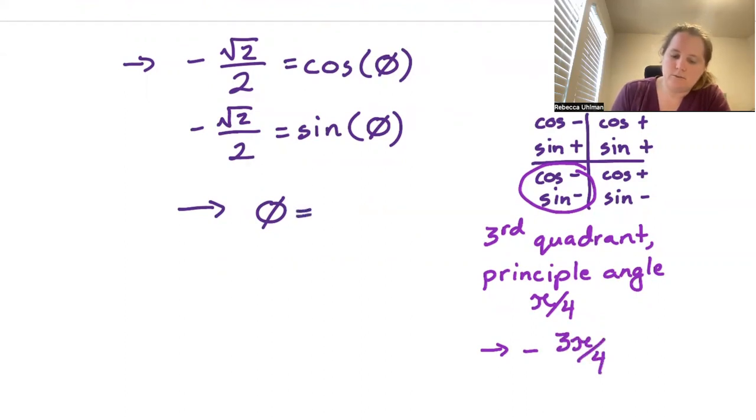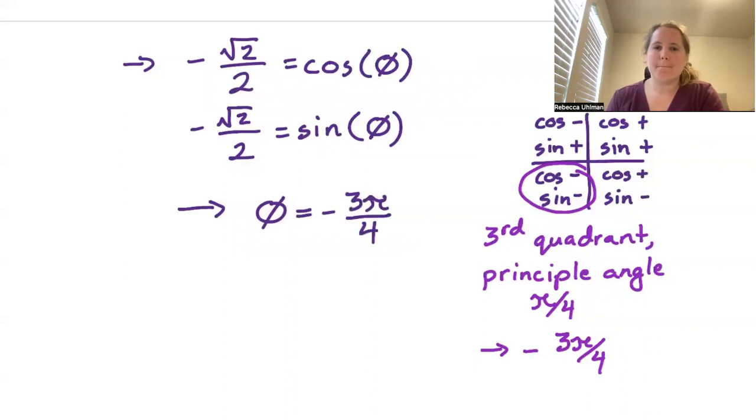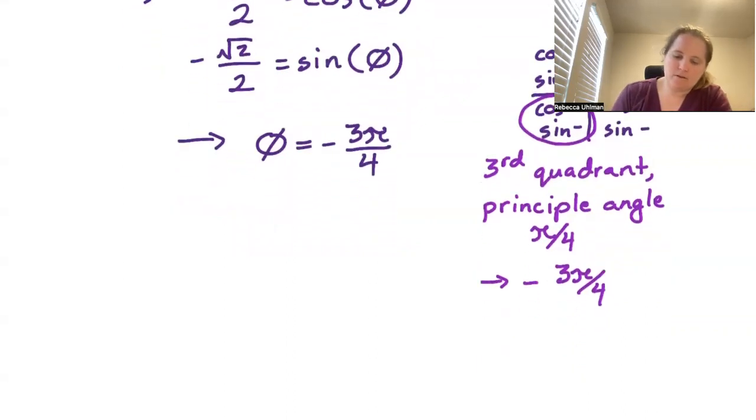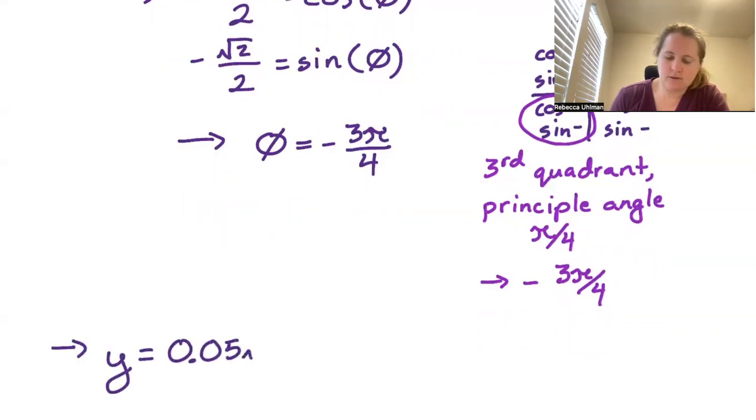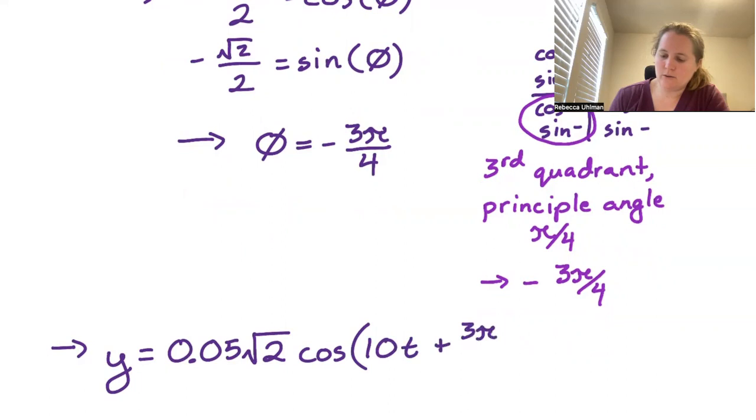So we are looking at y equals 0.05 times the square root of 2 times cosine of 10t plus 3 pi over 4.